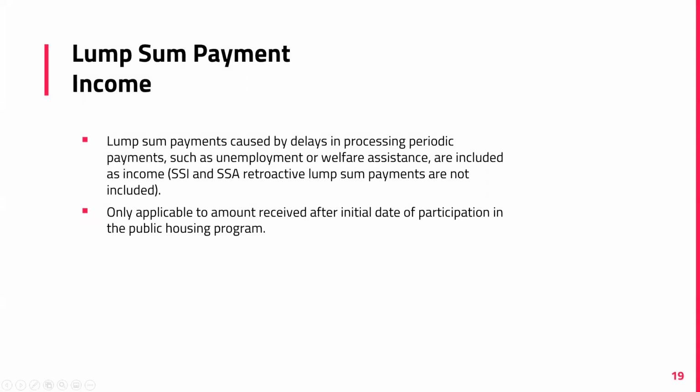Okay, lump sum payments. Not applying to the SSI, SSA retroactive, but other periodic payments like unemployment or welfare assistance, those are included as income, but only if they are received after the initial date of participation in the public housing program.